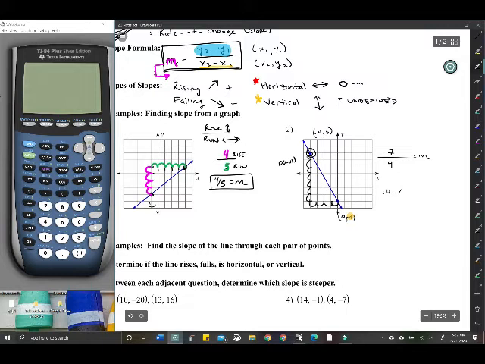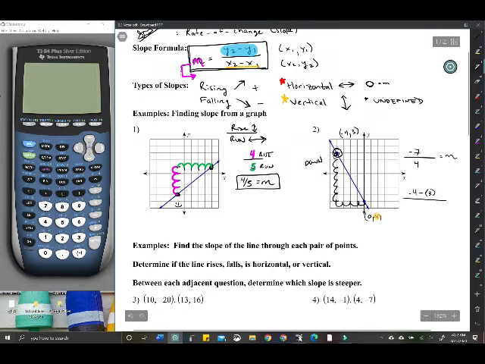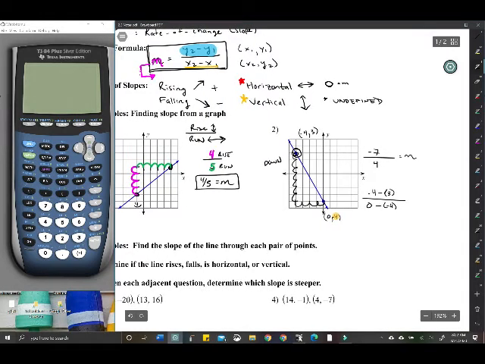That's going to make a difference. And we subtract 3. And we then have x2 minus x1. Well, that's 0 minus -4. As we simplify this, -4 minus 3 is -7 all over 0 minus -4 is +4. Notice we get the same thing. Sometimes you'll be given a graph, sometimes you won't. So that is just another way to find it.